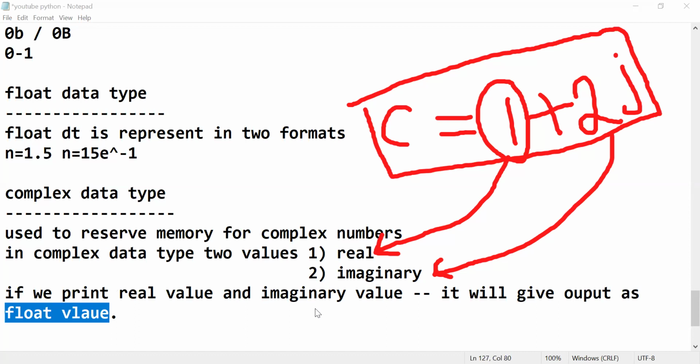See, guys. Now I am taking c equal to 1 plus 2j.